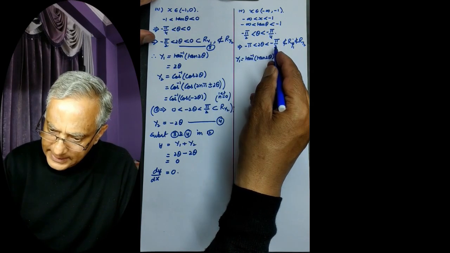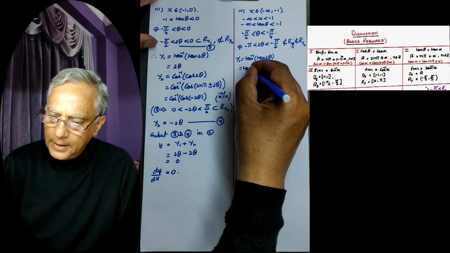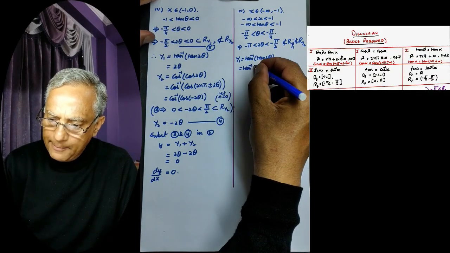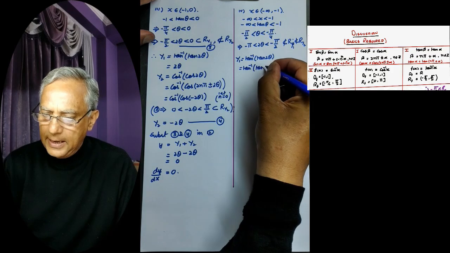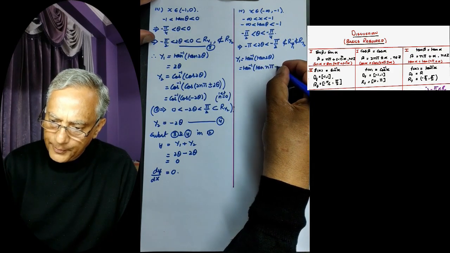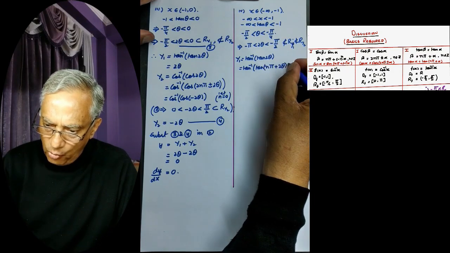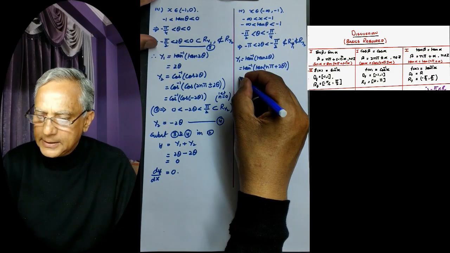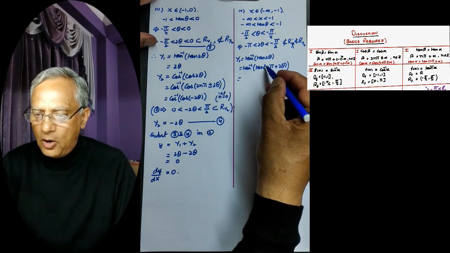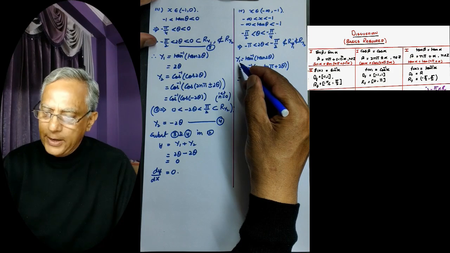So we write this as tan inverse tan of n pi plus alpha, alpha is 2 theta. Now we have to choose n such that this is within the range of y1.